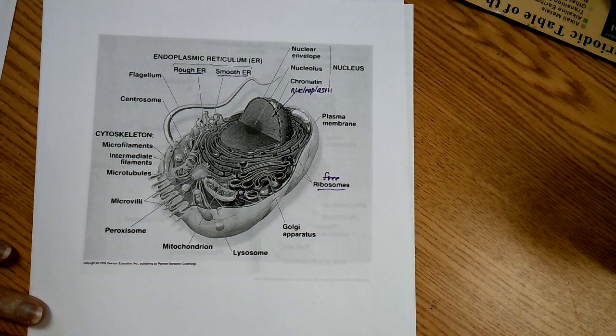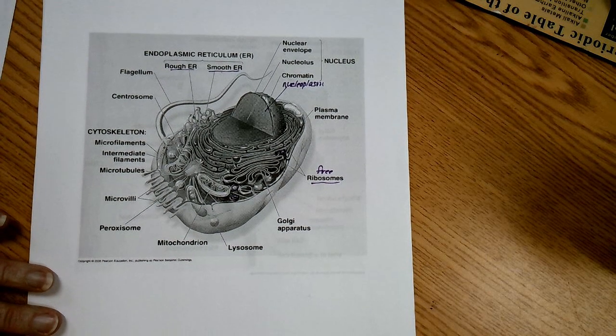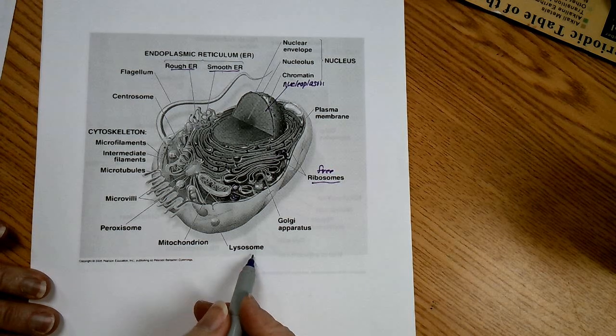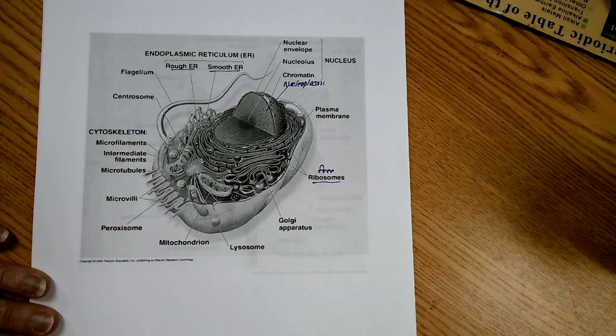Now, an interesting disease called Tay-Sachs disease, it's more common in the Jewish population, but not common in any population. Terrible disease. What happens with someone with Tay-Sachs disease is their lysosomes don't function in removing lipids from brain tissue.